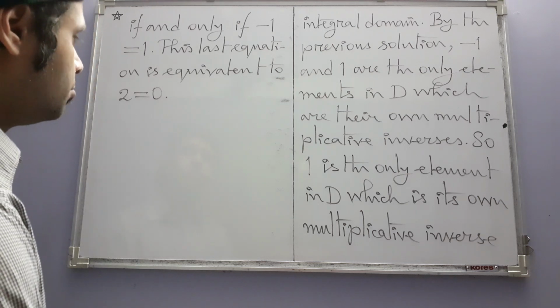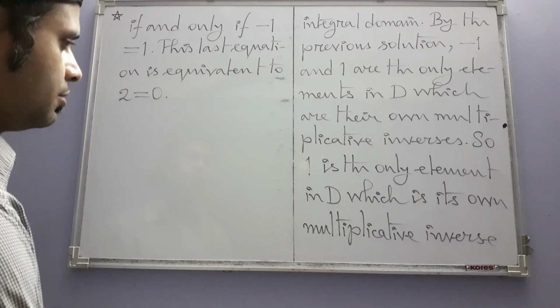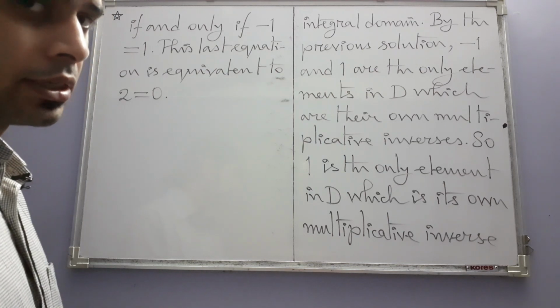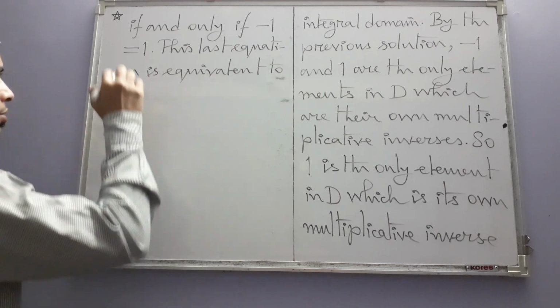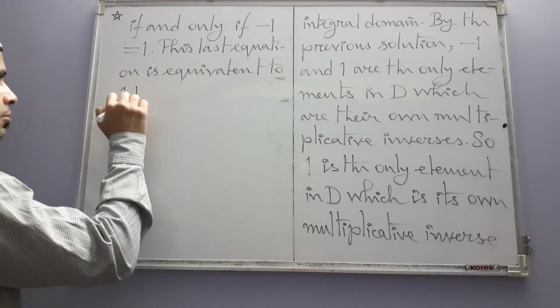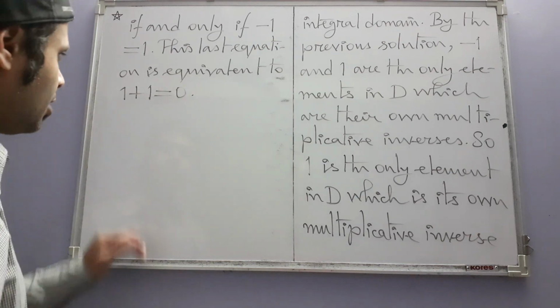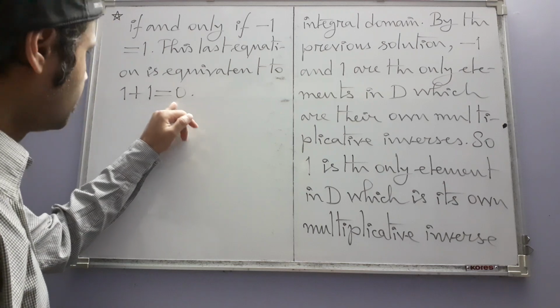Now this 2 being equal to 0 seems like something is wrong, but we are in a general ring, it may happen. Or rather let me write it like this: 1 plus 1 is equal to 0. So what do we see from this equation?